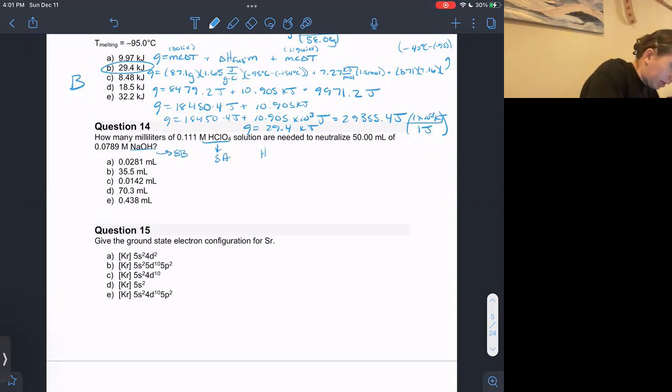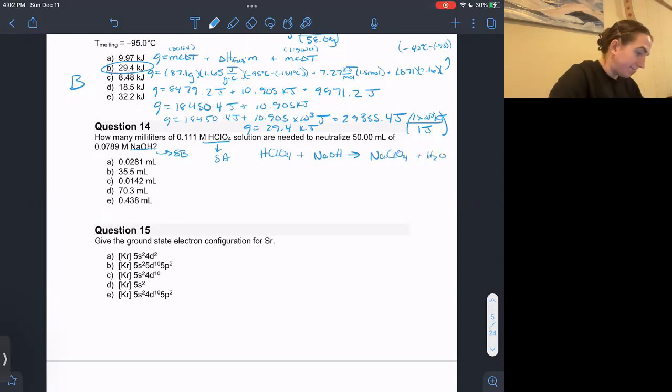It would be HClO4 plus NaOH forming NaClO4 and H2O. And that is balanced, so I don't need to do anything with the coefficients. That's a 1-to-1 ratio, which means I can just use the M1V1 equals M2V2 kind of equation.